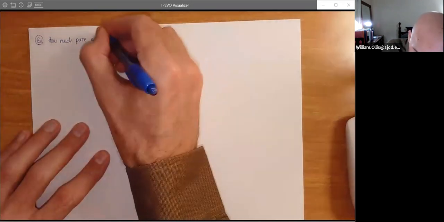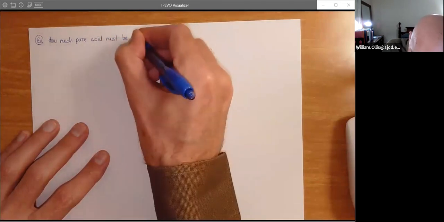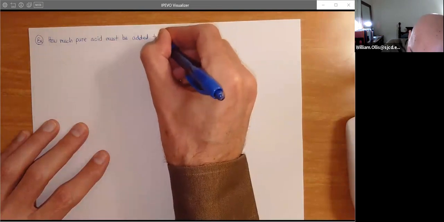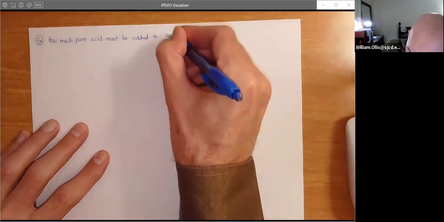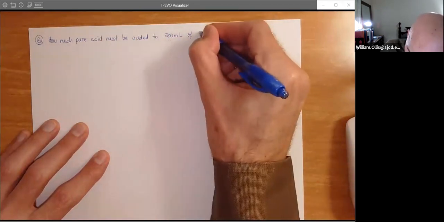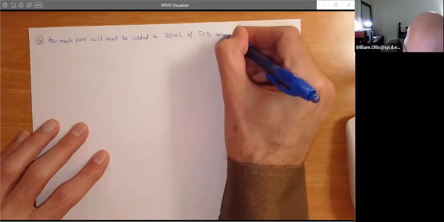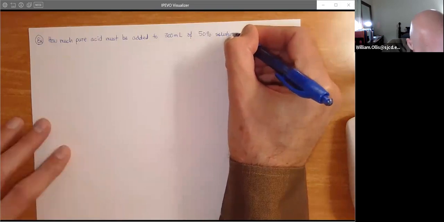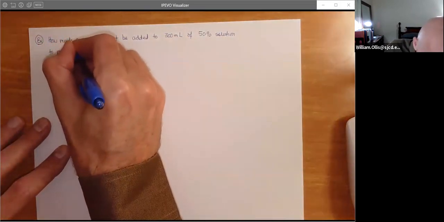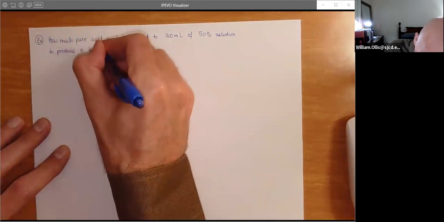How much pure acid must be added to 300 milliliters of 50% acid solution to produce a 60% acid solution.